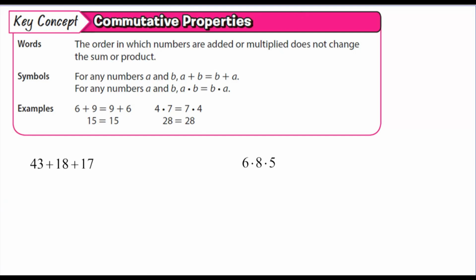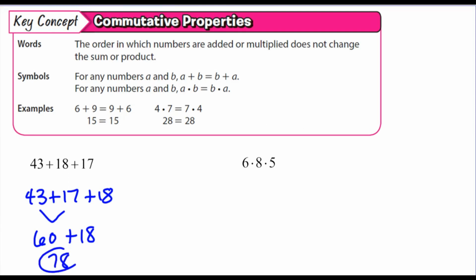If I rearrange the 17 and the 18, I can add these numbers in this order, and it's not going to change the sum, which makes it easier. 43 plus 17 is 60, and 60 plus 18 is 78. So I can evaluate that numerical expression very easily using the commutative property to my advantage.